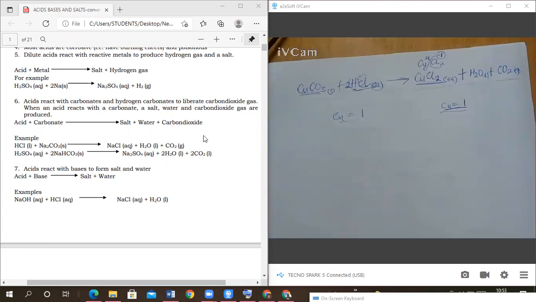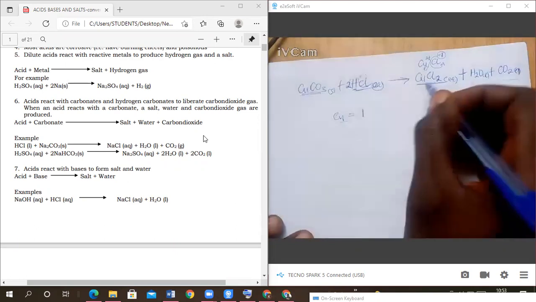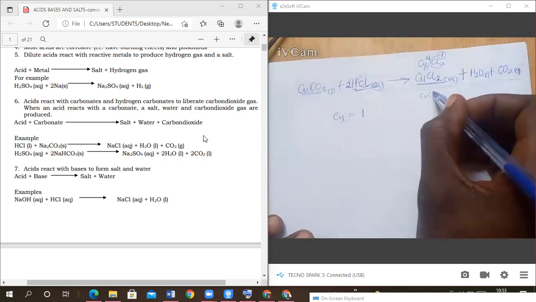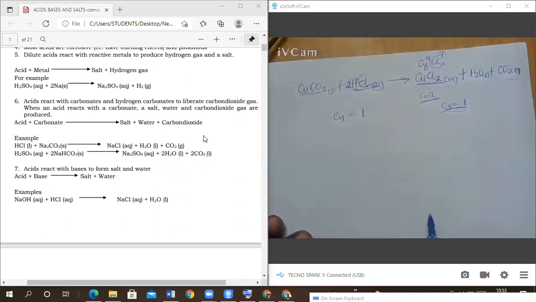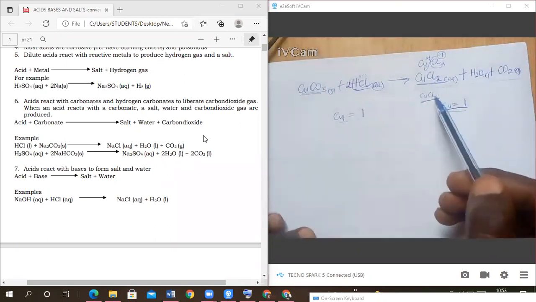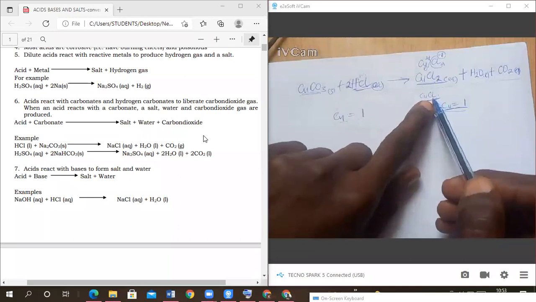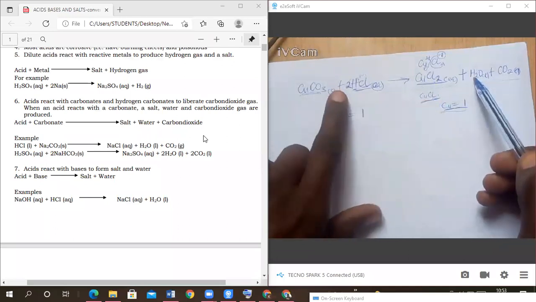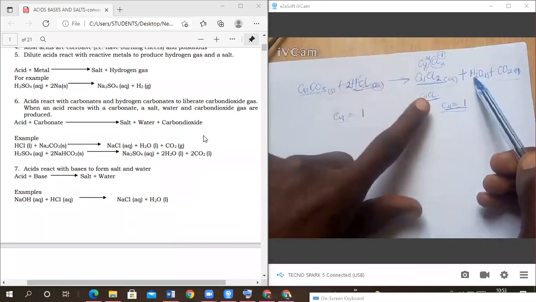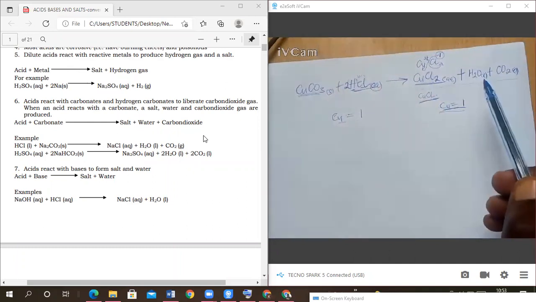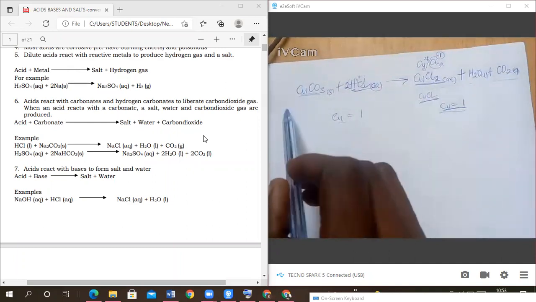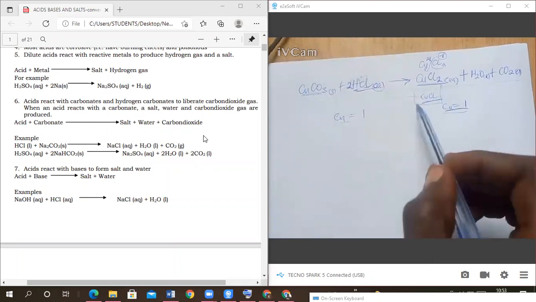That's what you do. If you write a wrong equation, like somebody would write copper chloride as this, then you will find yourself here having 1 chloride, 2 hydrogens. If you try to balance, you get 2 hydrogens, 2 chlorides. Where would you put the 2? You will balance the equation until you get tired and you give up.